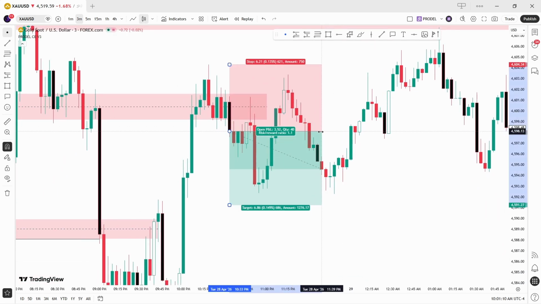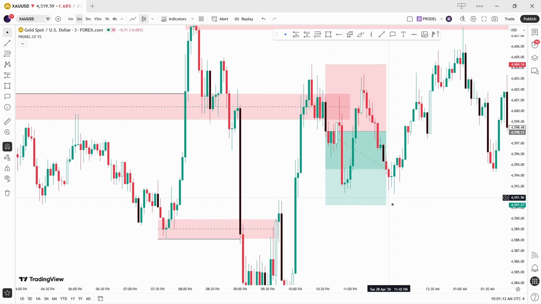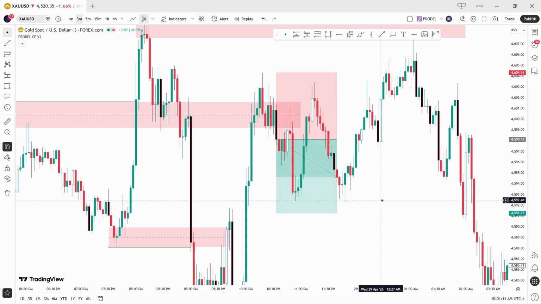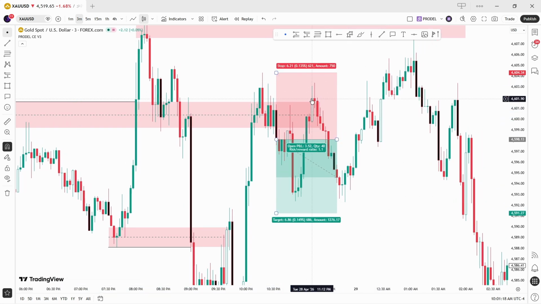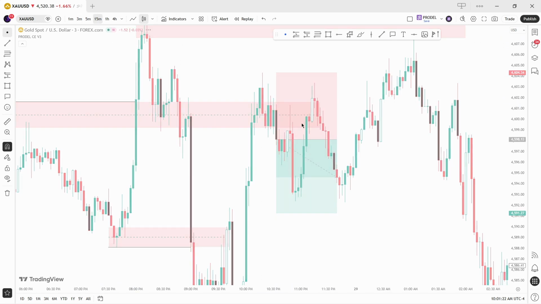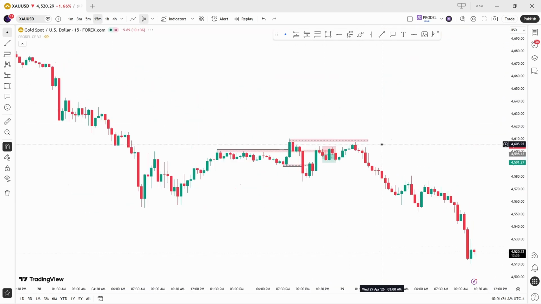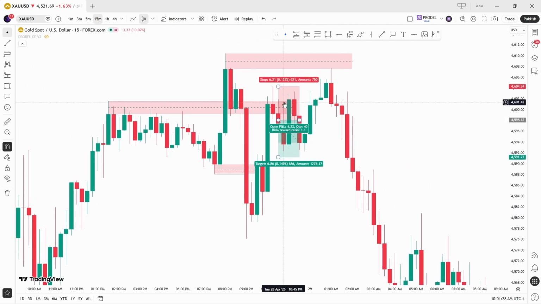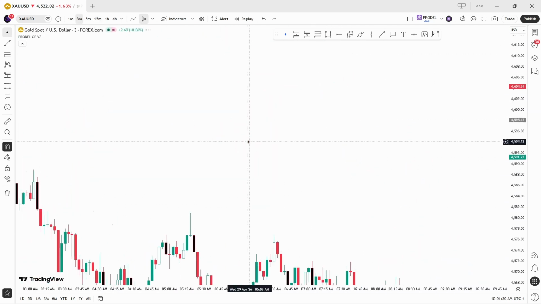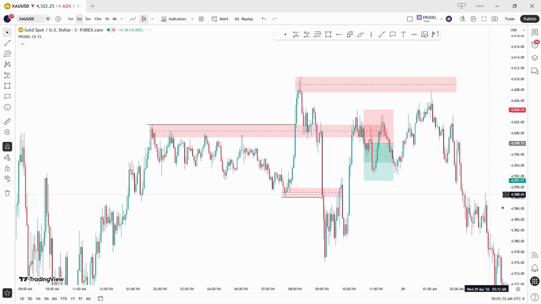This is the SL level, and you can see the market just closed this level by this candle, which is the 15-minute closing. On the 15-minute time frame, the candle just closed this level, and this level becomes invalid for me.